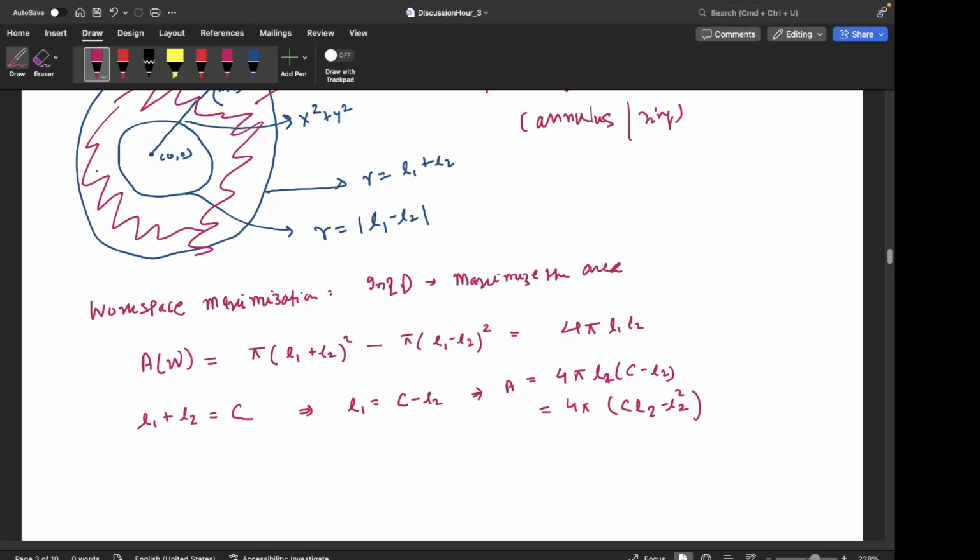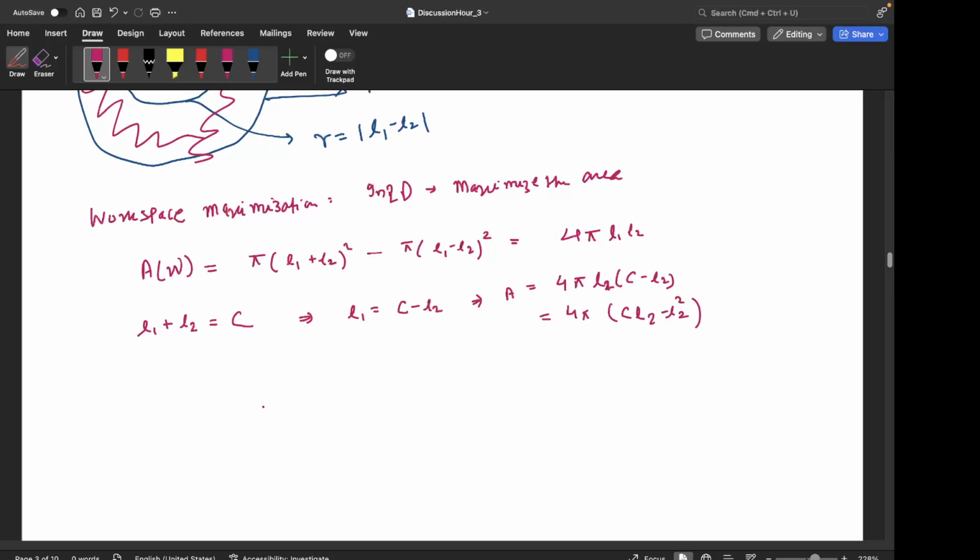Now we have to maximize this area. So we know that for maximization we have dA by dL2 equal to 0, which implies that C minus 2 L2 equal to 0, which implies that L2 equals C by 2, and that implies that L1 equals C by 2.